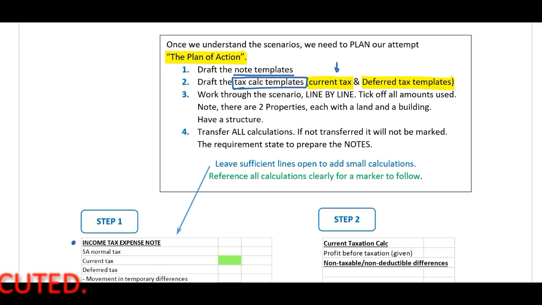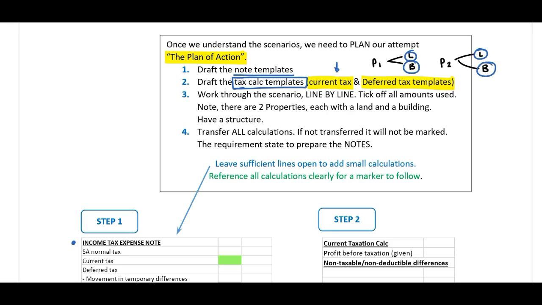Now, if I think about the scenario, remember, we have property 1, property 2. Each of them consists of land and buildings, with quite a lot of different rules to follow. I'm going to include a deferred tax template for each of these sections: land, building.